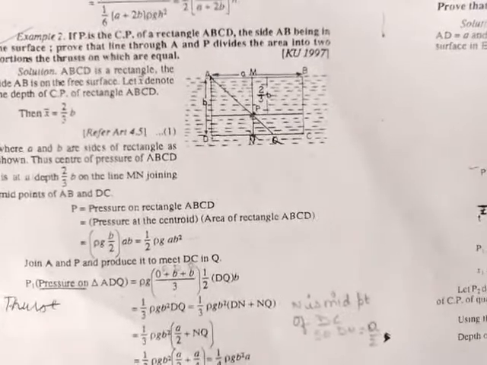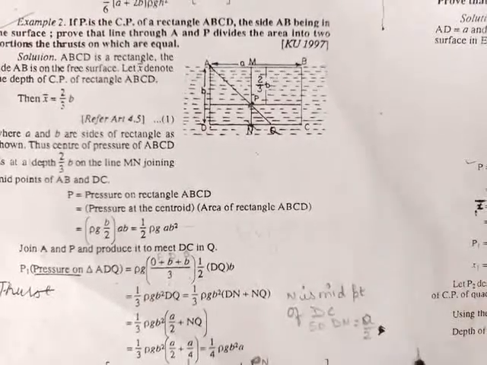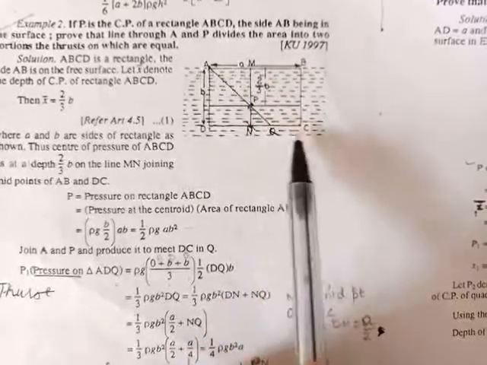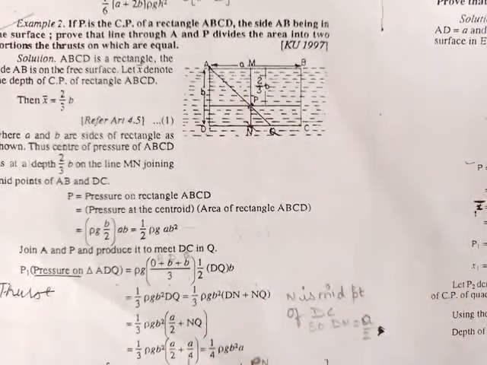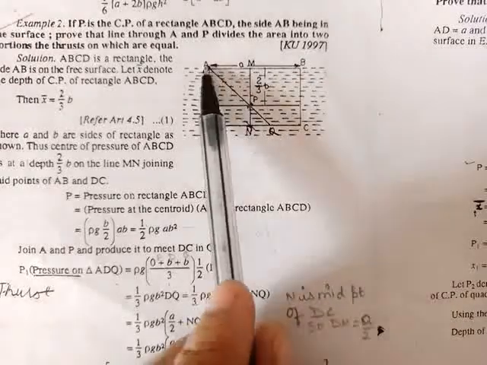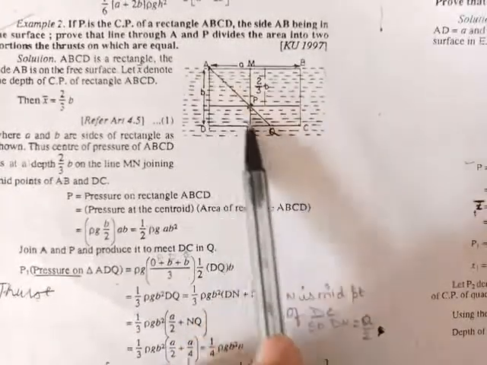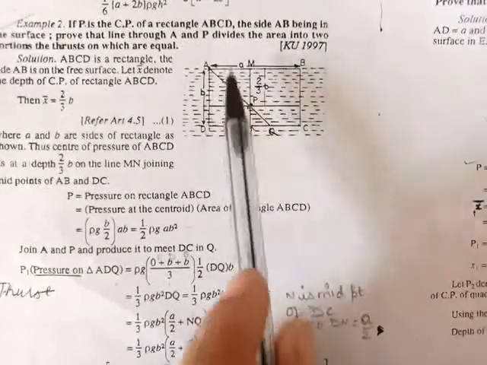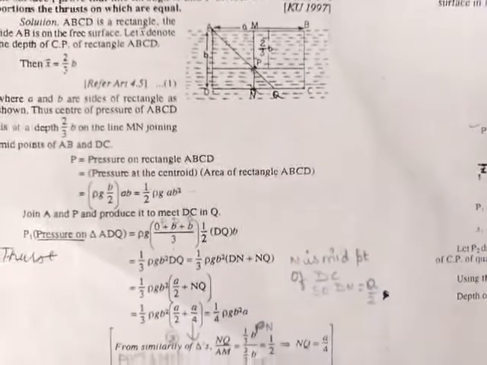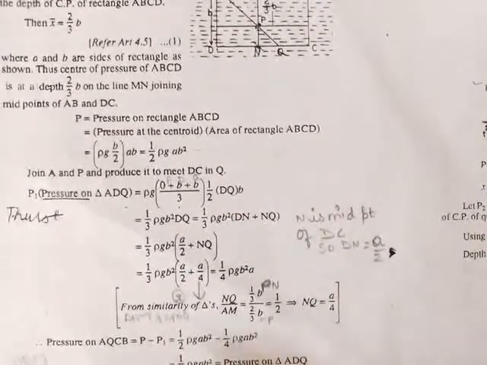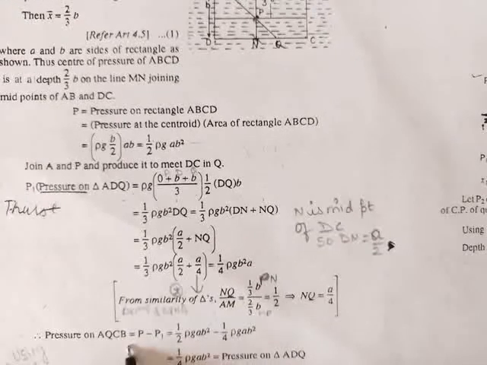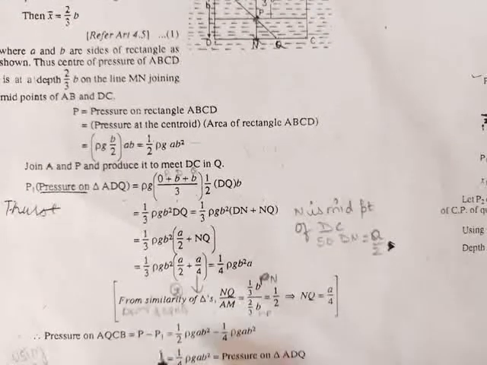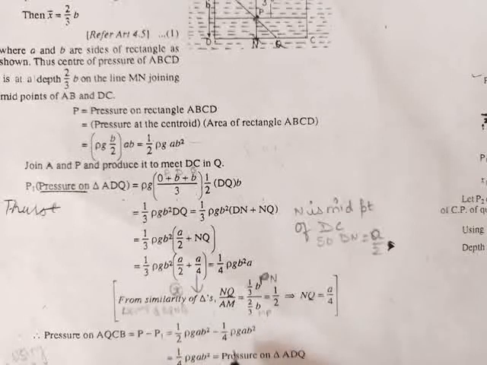Now we are to find the thrust on the quadrilateral area AQCB. Because we have obtained the thrust on the whole rectangular area and the thrust on the triangular area also, if we subtract them, we will get the thrust on this part. So the thrust on the quadrilateral area AQCB is given by subtracting the thrust on the triangular area ADQ from the thrust on the rectangular area.